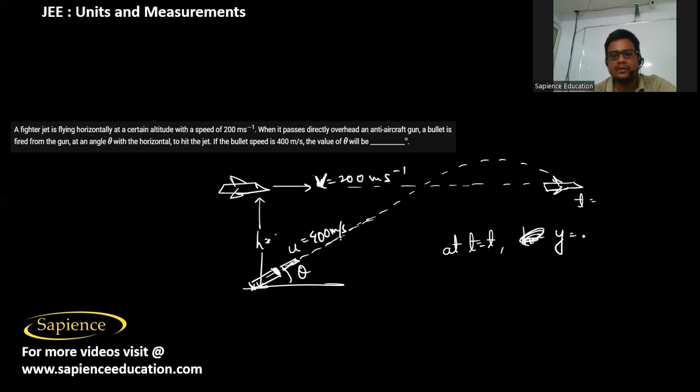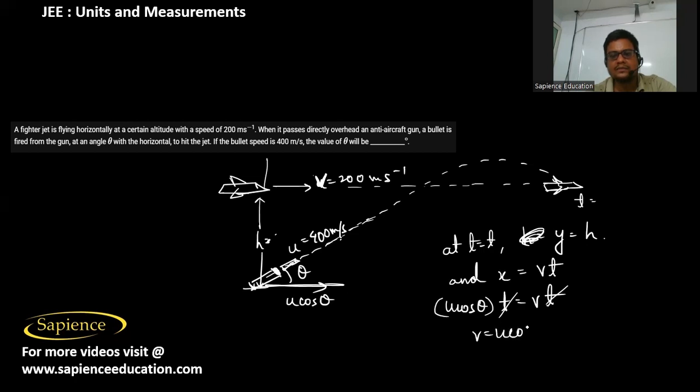So y should be equal to h, and also the x coordinate should be equal to vt. The x coordinate is u cos theta into t, and that should be equal to v into t. So it means v should be the same as u cos theta.